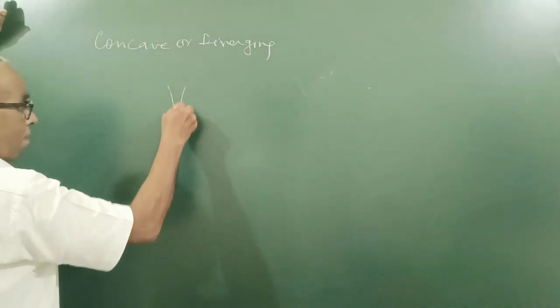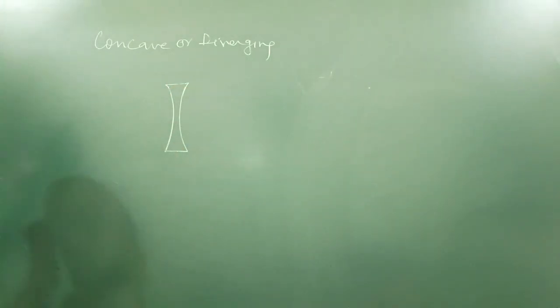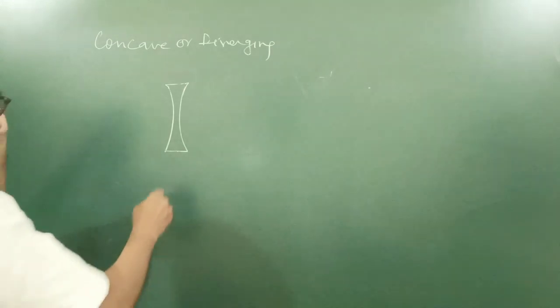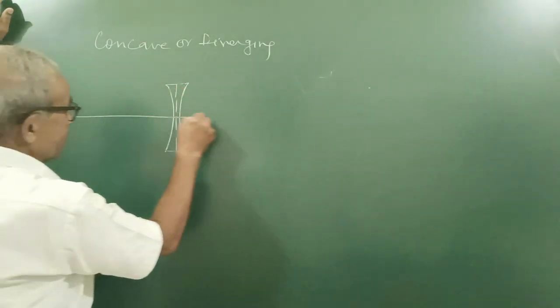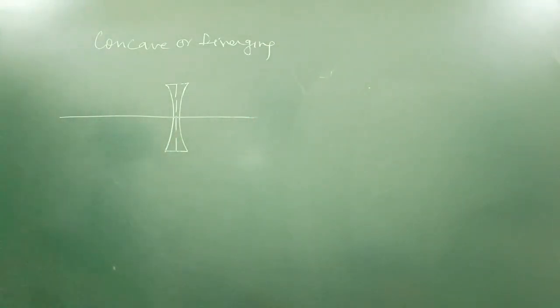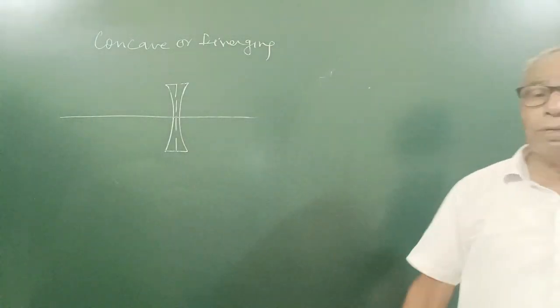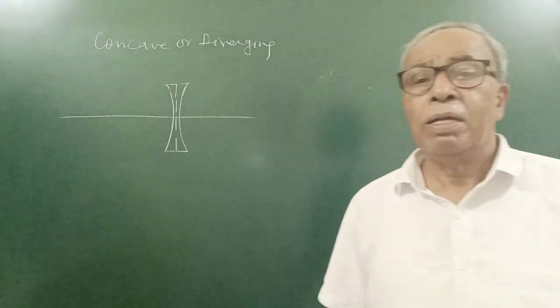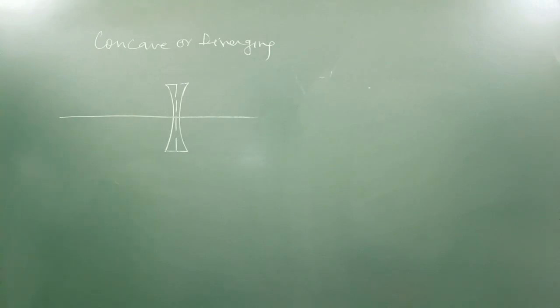So, concave lens. If the object is at infinity, by the definition of second focus, the name is diverging because a parallel beam of rays parallel to the principal axis appears to diverge from a point on the principal axis, and this point is called the second focus.